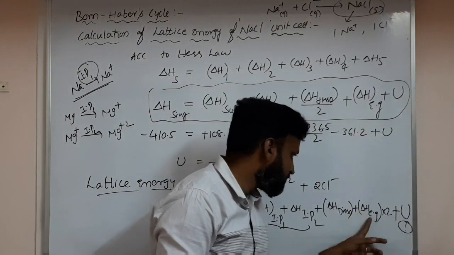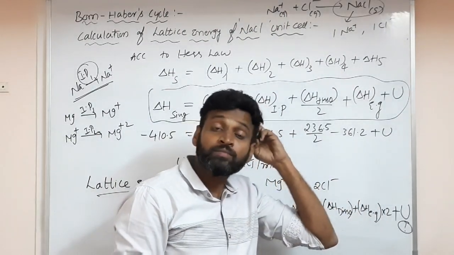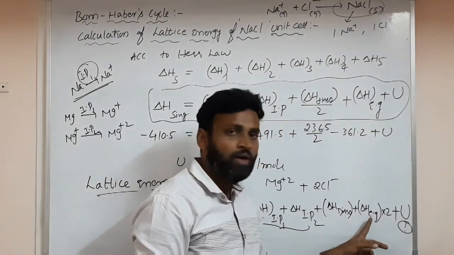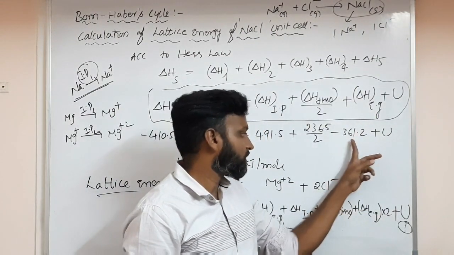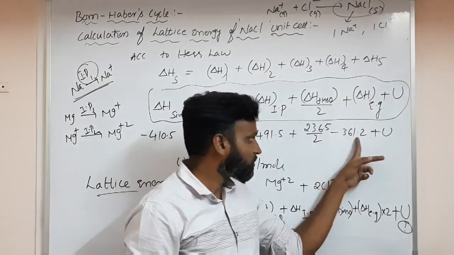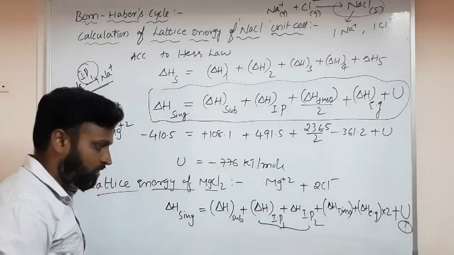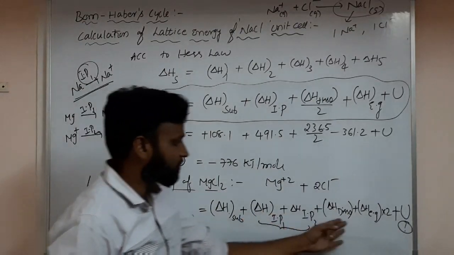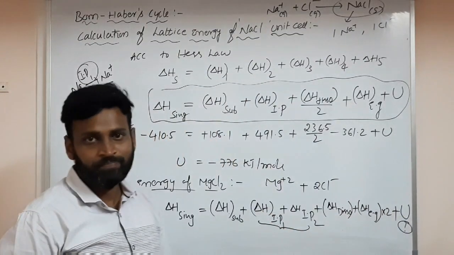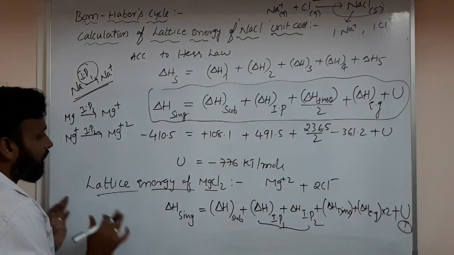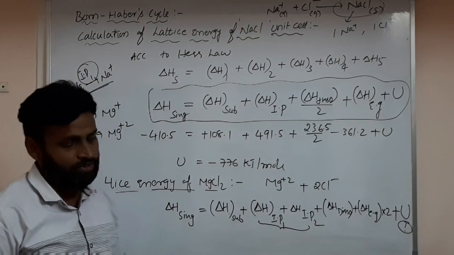So delta H Eg into 2 because 2 chlorines take 2 electrons. 1 chlorine releases this much energy, 2 chlorines release this much into 2, plus U. Understood? If they provide these values, you can get U or not, tell me. So this is how to calculate lattice energy.